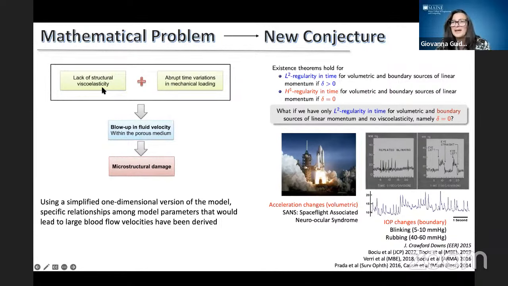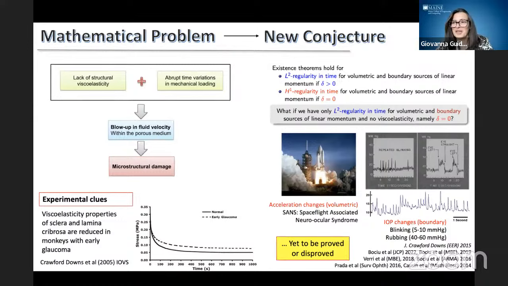If you combine that, the tissue being not as viscoelastic as it should be, with the fact that there are just physiological variations in the load, then this may lead to increased velocities because of the squeezing of blood vessels too sharply in certain regions of the lamina, which then may lead to ischemic damage and microstructural damage.